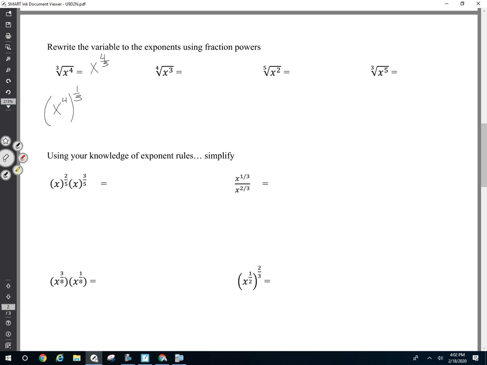What would be the 4th root of x cubed? How could you rewrite that? X to the 3/4. X cubed to the 1/4. 3 times 1/4, 3/4. Okay, do the next two, please.